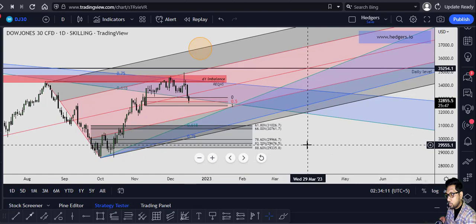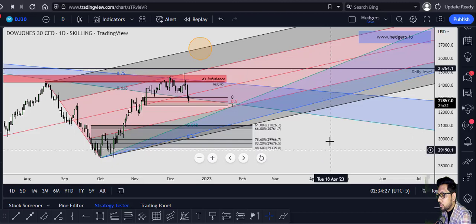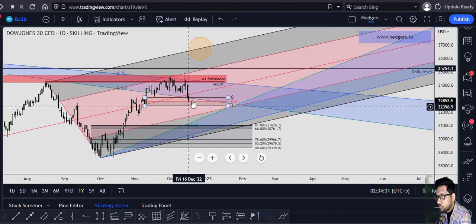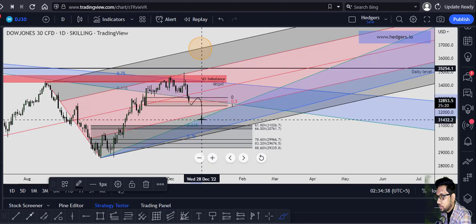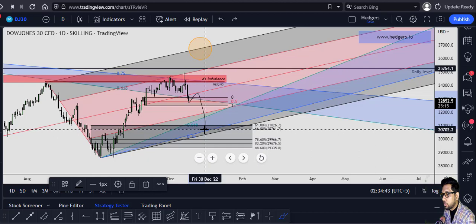Right now, Dow Jones is at the bullish order block, but that can mitigate easily and it can go more downside. Right now, what I am looking for is a more corrective wave in Dow Jones, to be honest, probably like this, or maybe something like this to the downside.